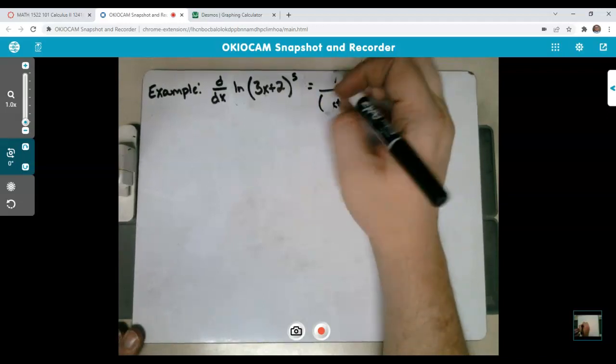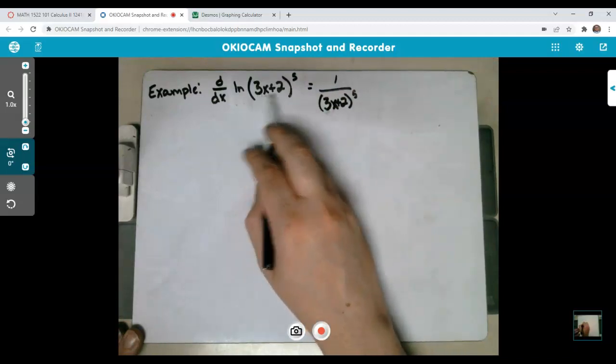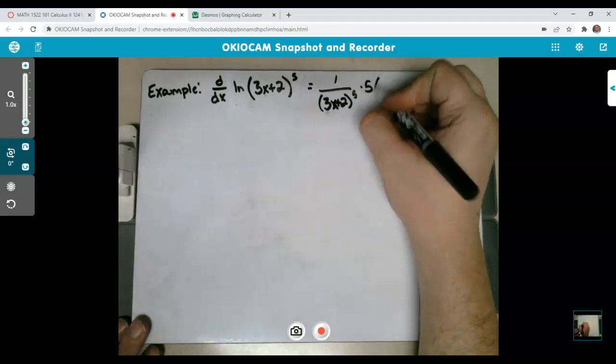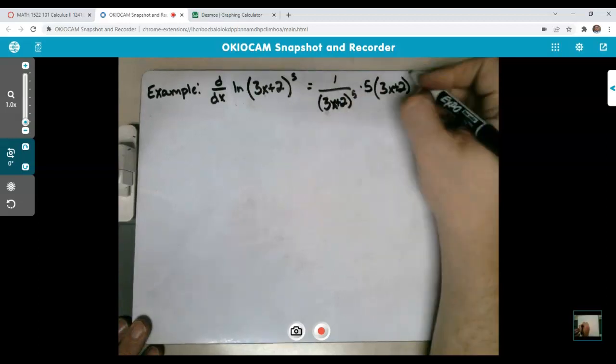But now I have to do the derivative of that stuff. Since I have a bunch of stuff raised to the 5th, I use the power rule to bring my 5 down. So times 5 times, leave all this stuff, and my new power would be minus 1, and you get a 4.